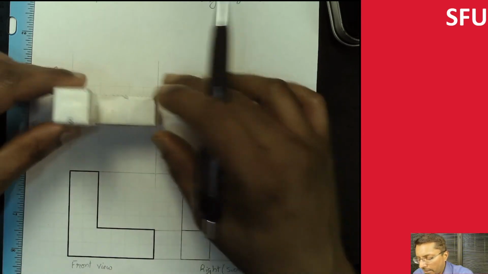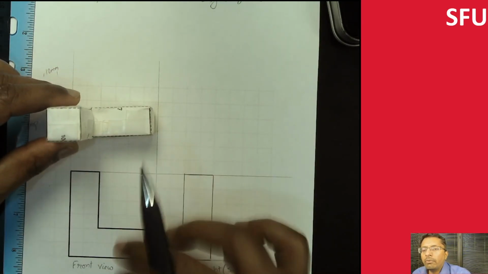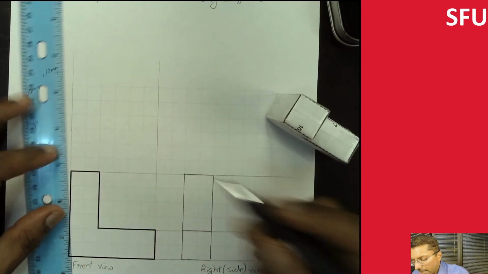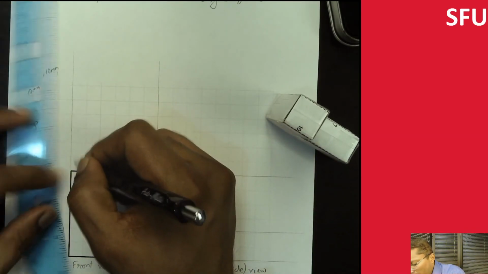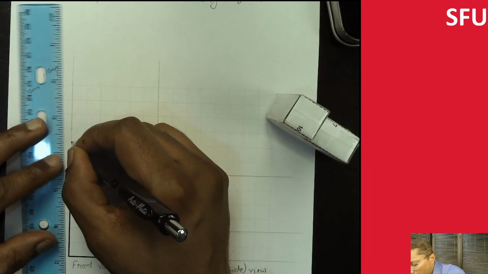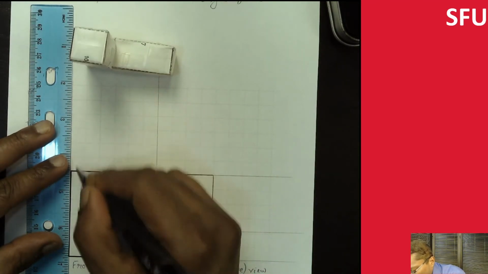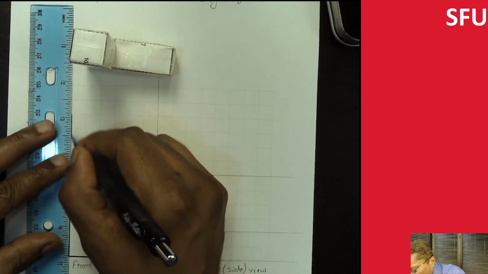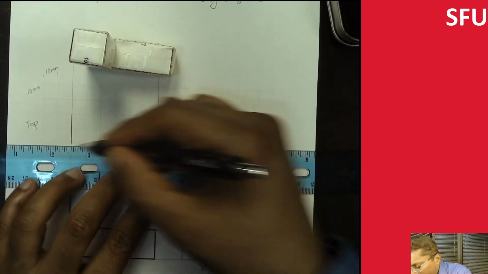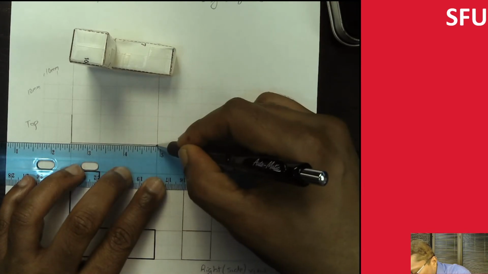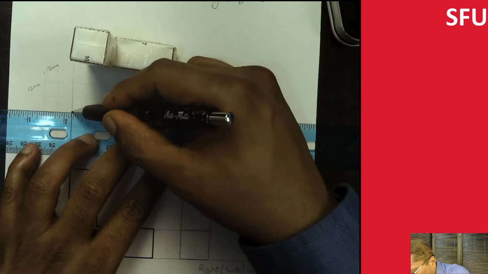So once I have this, looking at just the front view, I don't know how deep the object is going to be, but nonetheless, I'm going to leave maybe 2 centimeters or 20 millimeters gap here, and then recreate the top view over here. So we leave 2 centimeters, or 20 millimeters, and then we have our object like so.